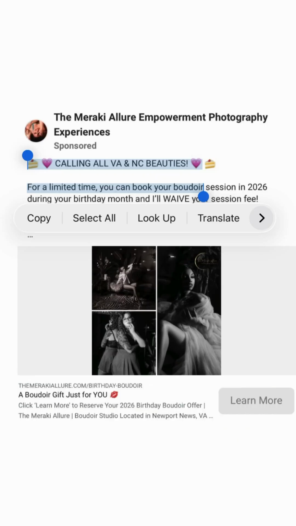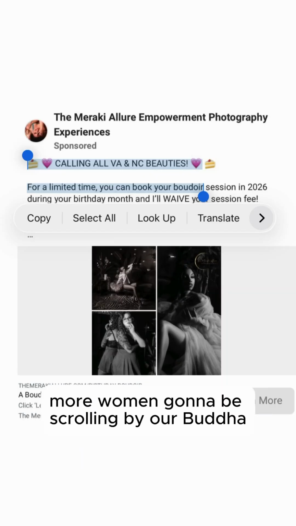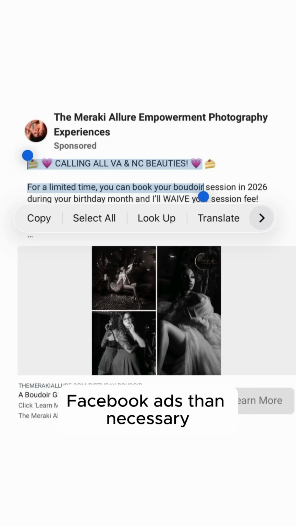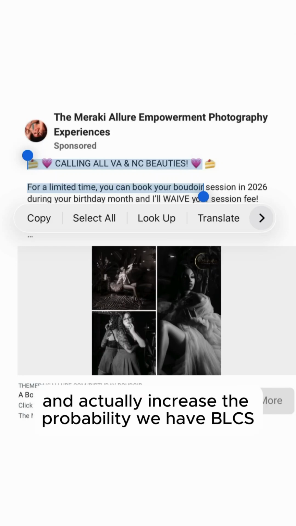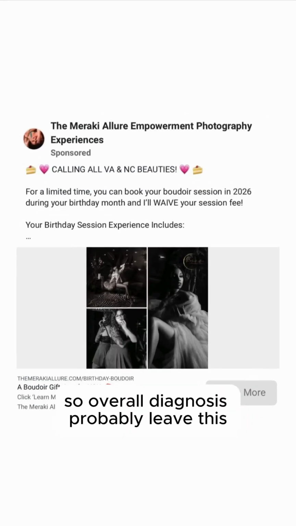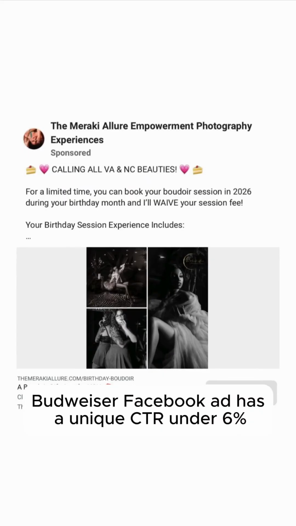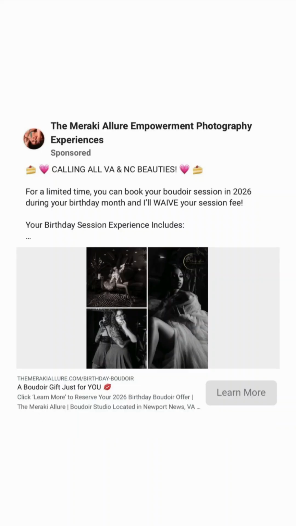Now, the consequence of this: way more women going to be scrolling by our Boudoir Facebook ads than necessary, pulling our unique CTR under 6% and actually increasing the probability we have BLCS. So overall diagnosis, probably believe this Boudoir Facebook ad has a unique CTR under 6% and has BLCS, Boudoir low click syndrome. Yes, I do.